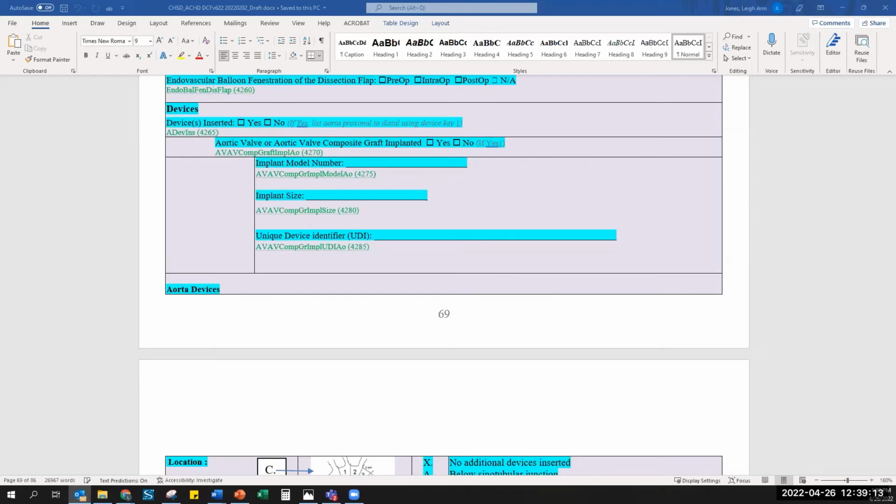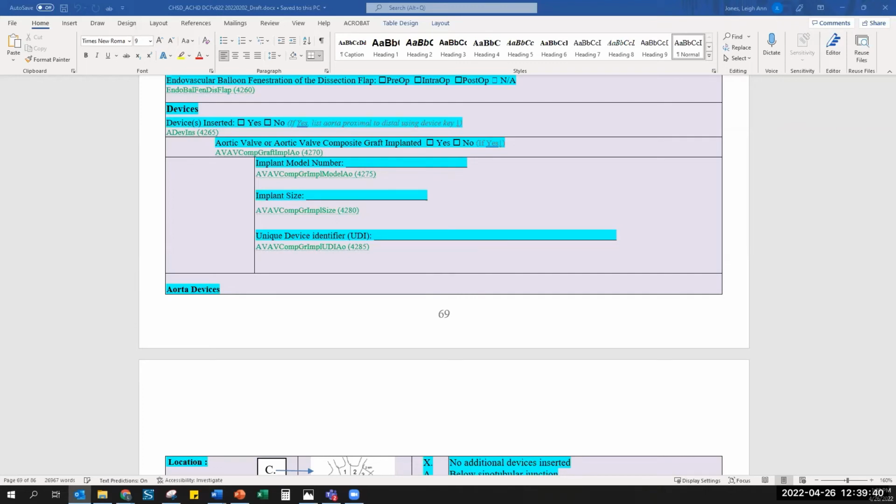So, aorta devices inserted. You have to remember that this aorta section encompasses procedures that are combined aortic valve and aorta procedures and just aorta procedures. The first question asks, was there an aortic valve or aortic valve composite graft implanted? Yes or no?